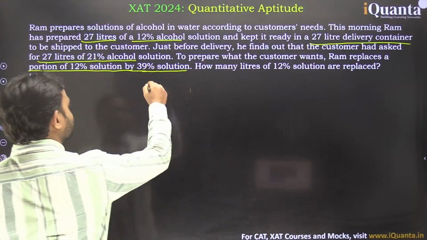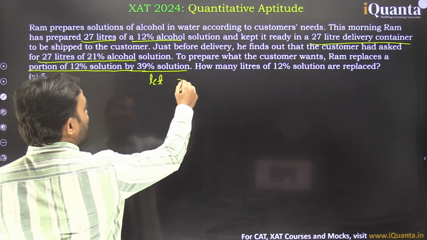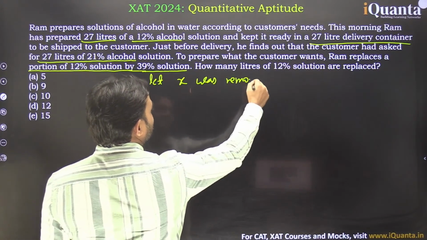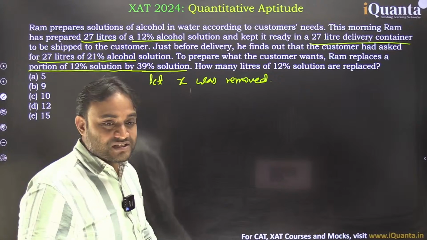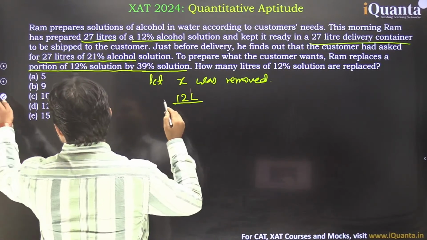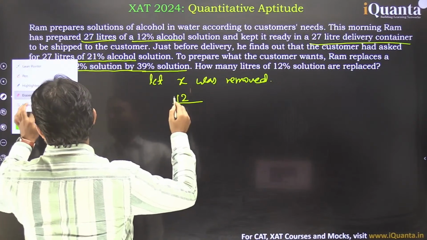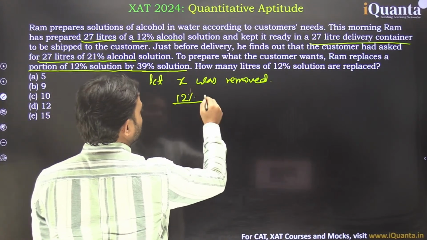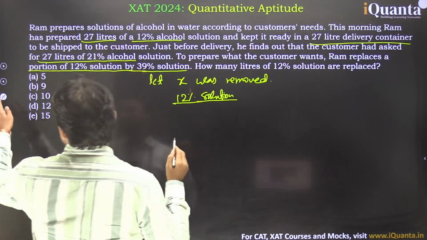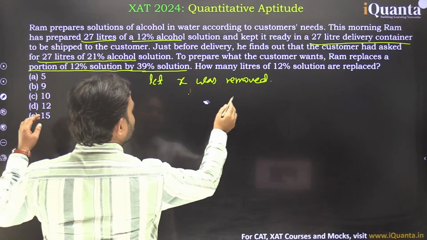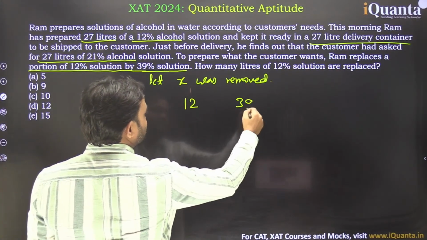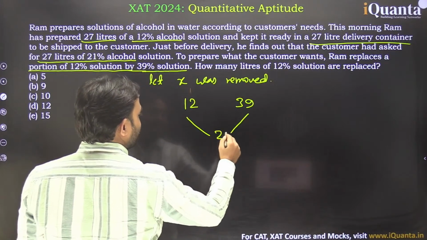So let X liter was removed, है ना. X liter was removed. So if we talk about 12% solution, okay, so basically what we are going to use here is allegation. 12 is being mixed by 39 to get 21.